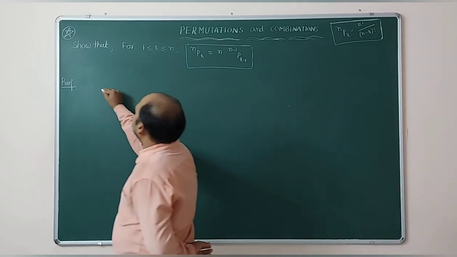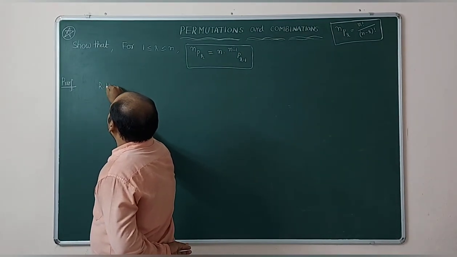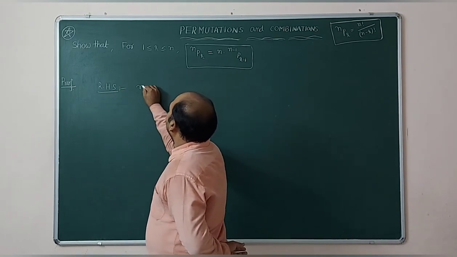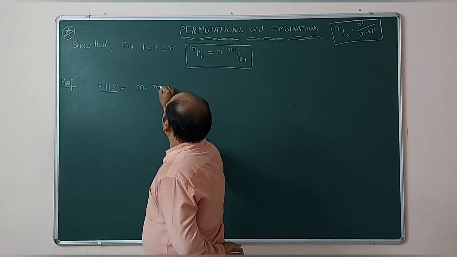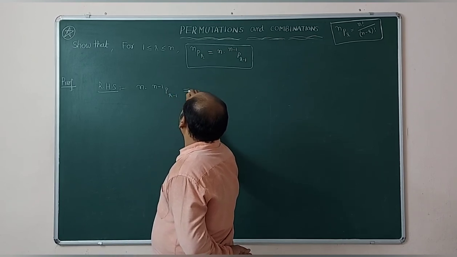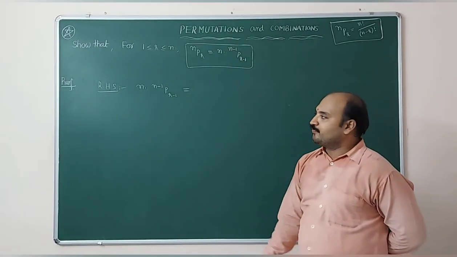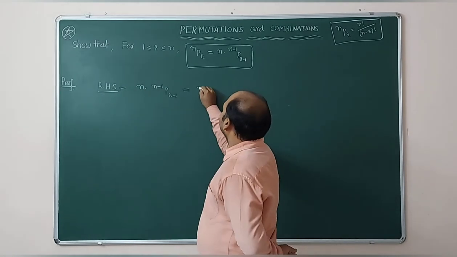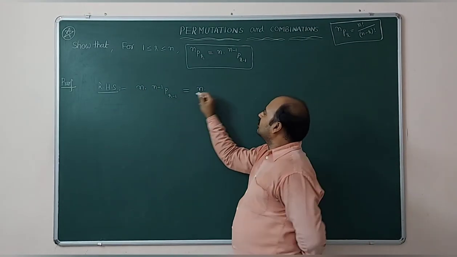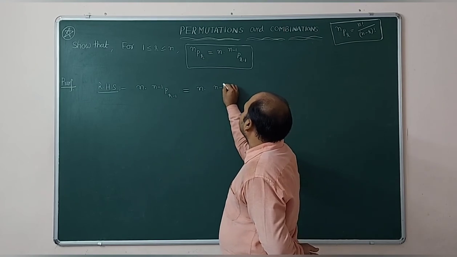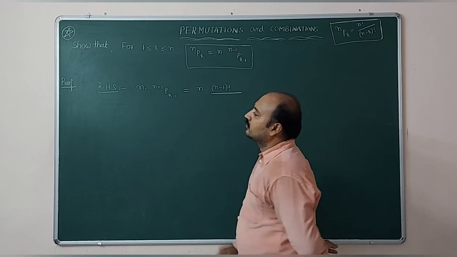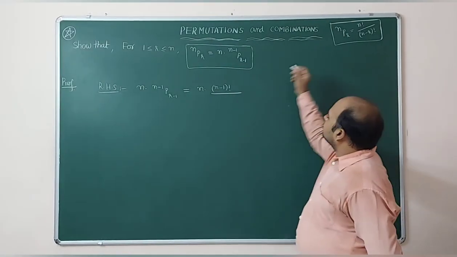So here also considering RHS, in this case, n into n minus 1 PR minus 1 is equal to, so n into, by definition of NPR, n minus 1 PR minus 1 means n minus 1 factorial by n minus r factorial.